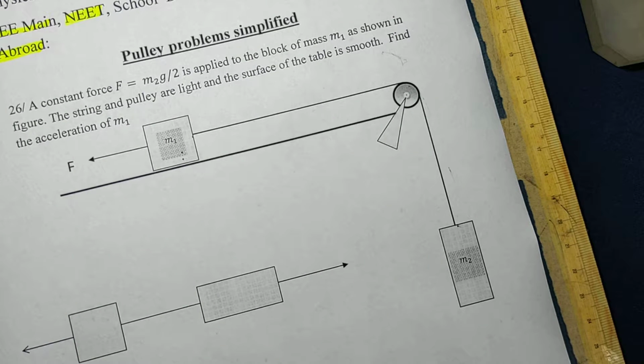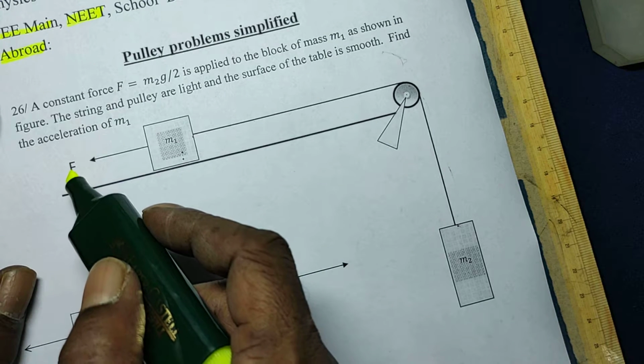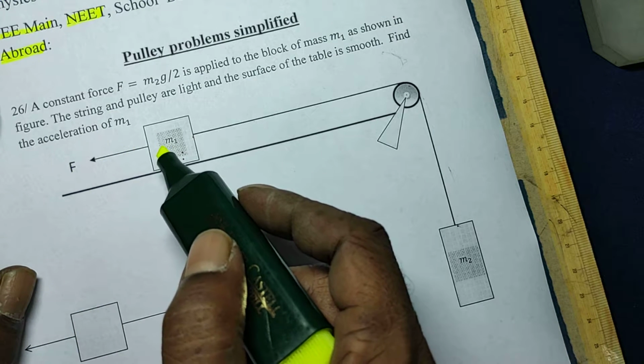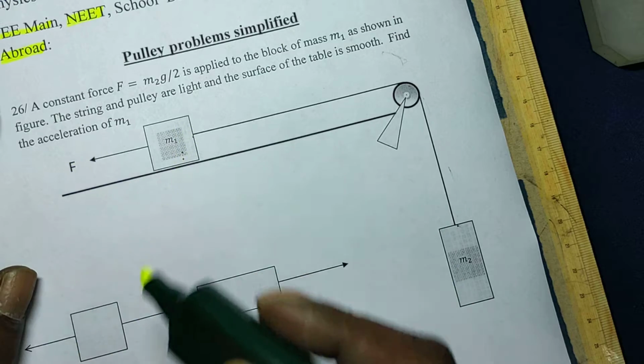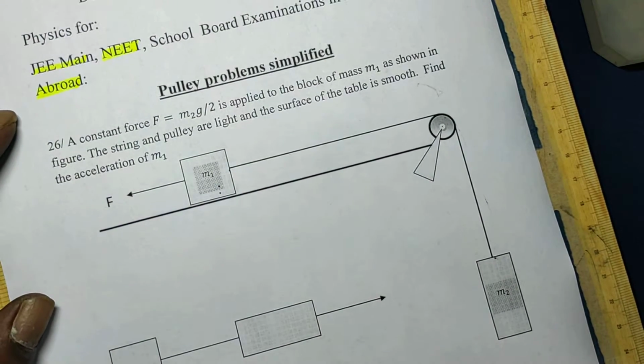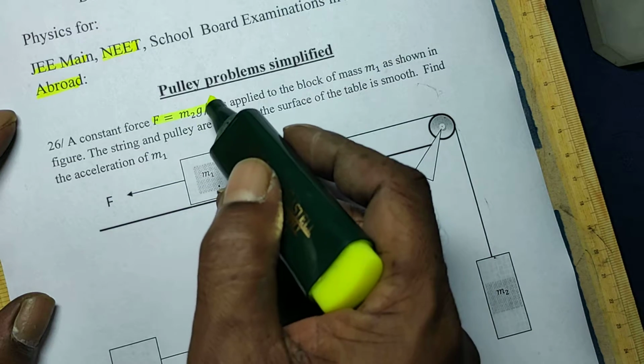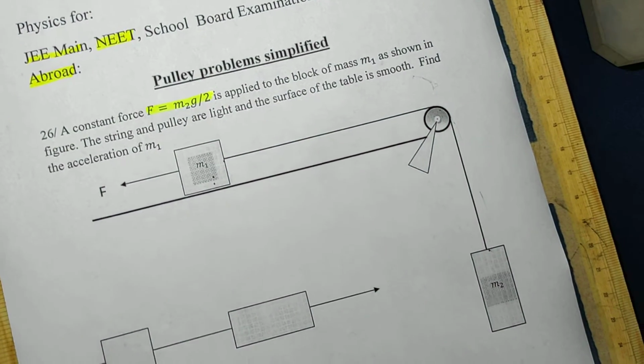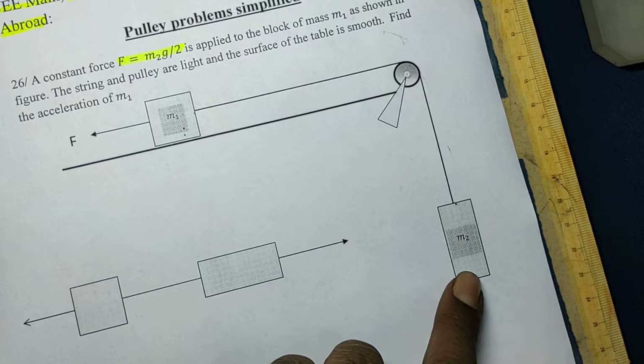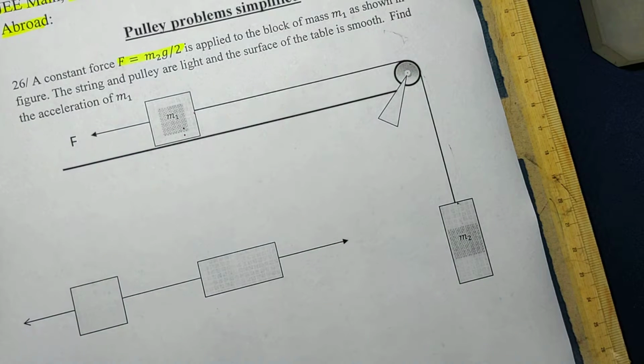Now what extra is given: there is a force F applied on m1 to the left hand side, and its value is given as m2g over 2. That means whatever is the weight of this body, F is equal to half of that.